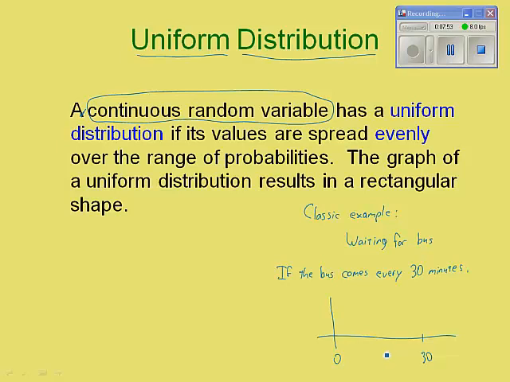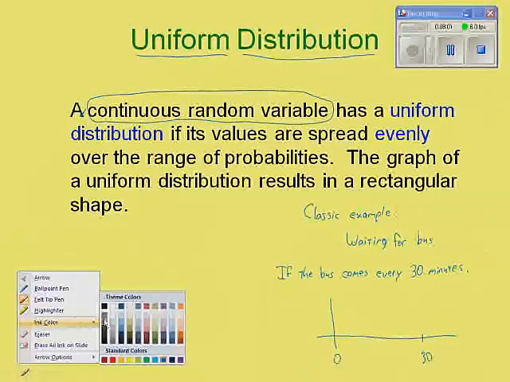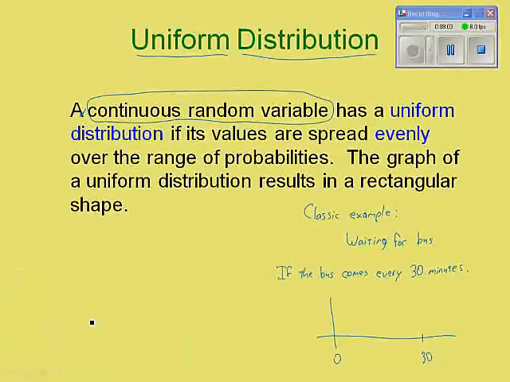Now, this is an interesting question. If I want to draw a probability distribution, if I pay no attention to the schedule, it's just as likely that I'm going to wait 29 minutes as I'm going to wait 1 minute, right? And what you do is you draw a curve.